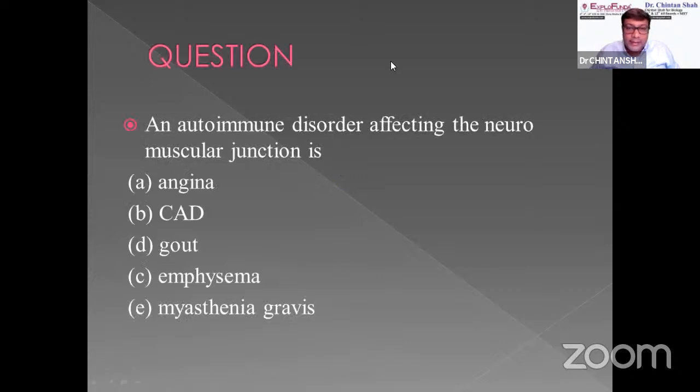So let's go on to 33 now. An autoimmune disorder affecting the neuromuscular junction is known as what? Yes, Damya. Yatri, are you over here?